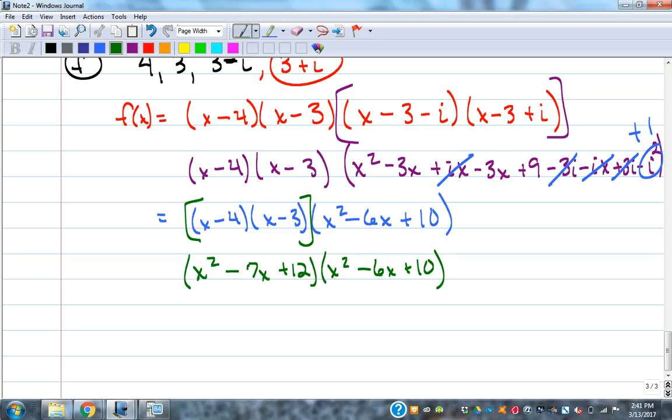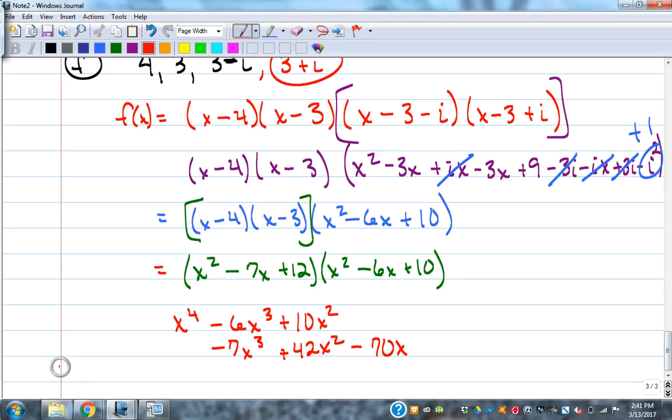And then we're just doing distributive property after that, which is the fun part. x to the fourth, 6x cubed, 10x squared. And then the next line is negative 7x cubed plus 42x squared minus 70x.